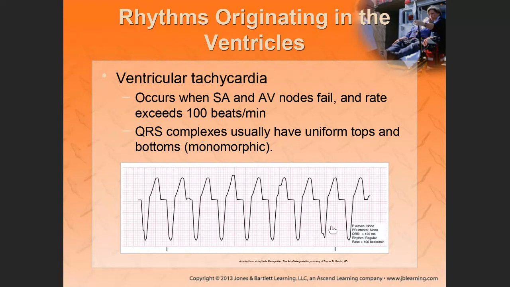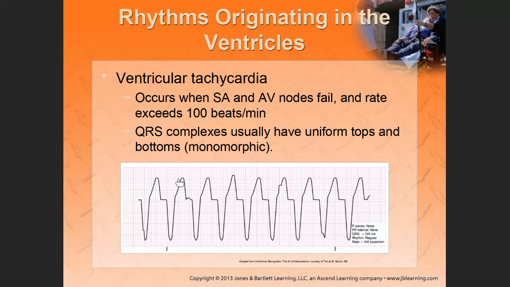Now quickly determine if it's a tachycardia or bradycardia. It is a tachycardia. To be exact, 300, 150, it's very close to 150 beats.